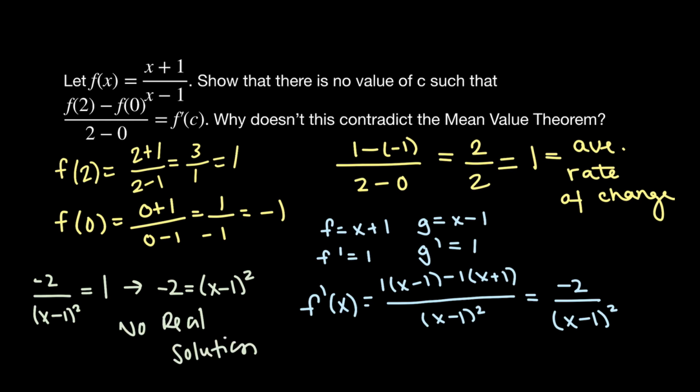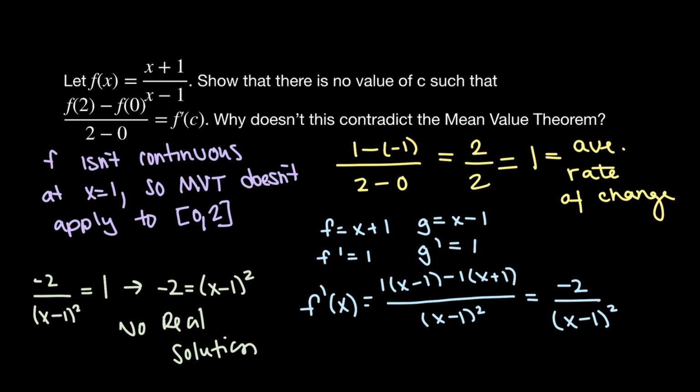To solve this, we would take the square root, but we can't take the square root of a negative. We're not going to get a real solution here. And so that's telling me there is no real solution. There is no value of c on that interval where the instantaneous rate of change equals the average rate of change. So why isn't this a problem? Why doesn't this contradict the mean value theorem?